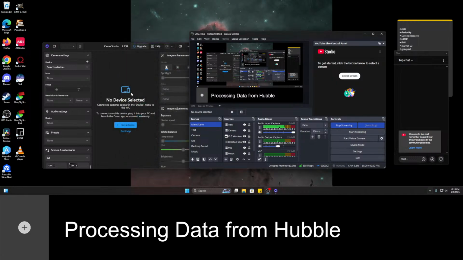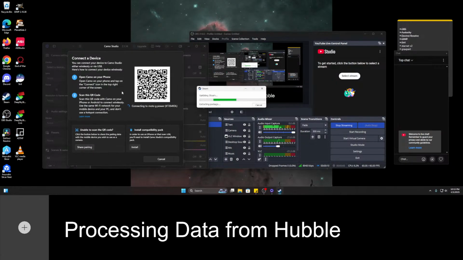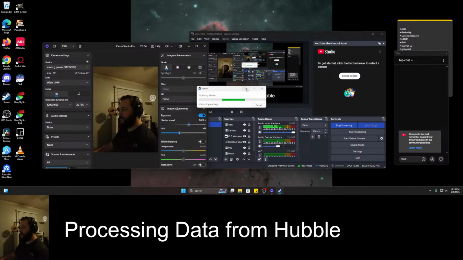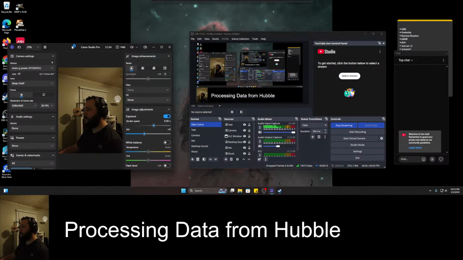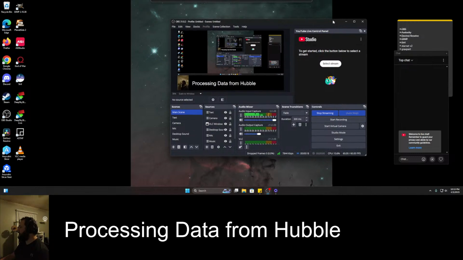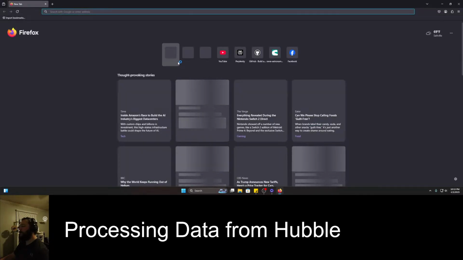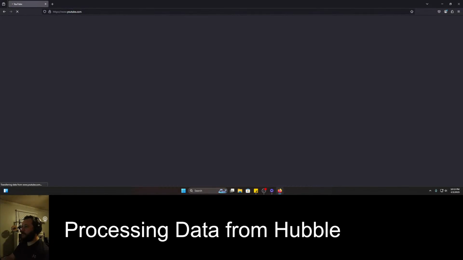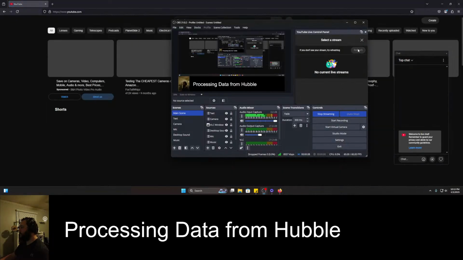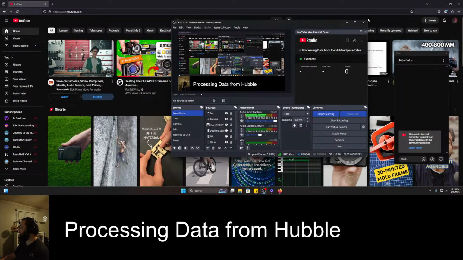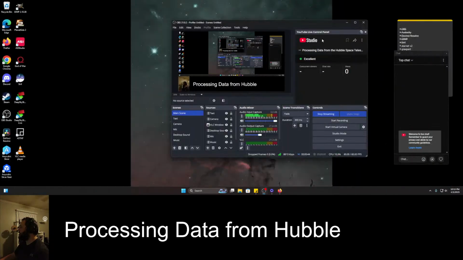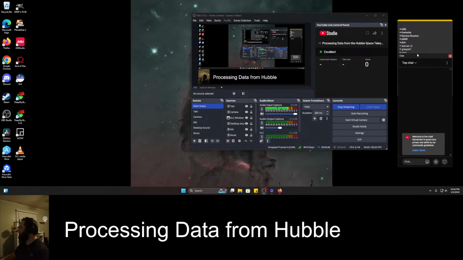Sorry for the interruption there, and I'm getting everything set back up. My computer completely crashed while trying to export from Darktable there.